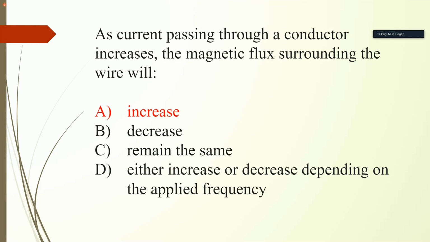If it always remained the same, then those meters would measure the same field, which means they would always give the same current reading. As the current in the wire increases, the magnetic field that the clamp-on meter measures around the wire is going to change based on the amount of current that's flowing in the wire.